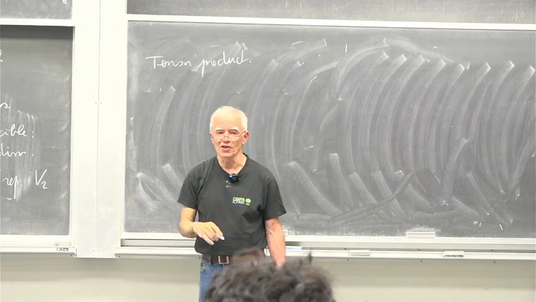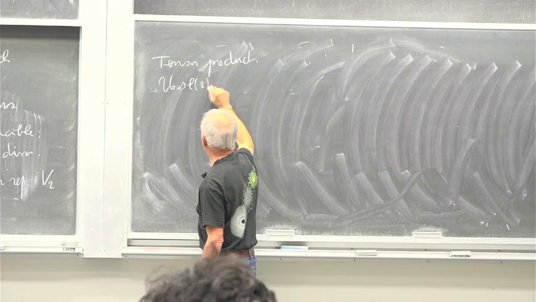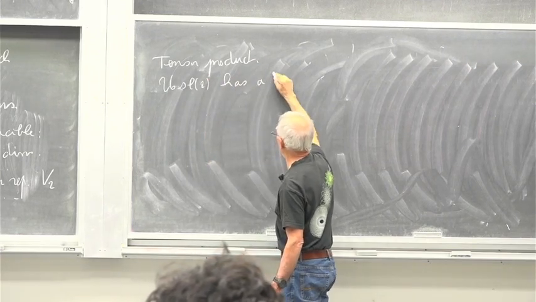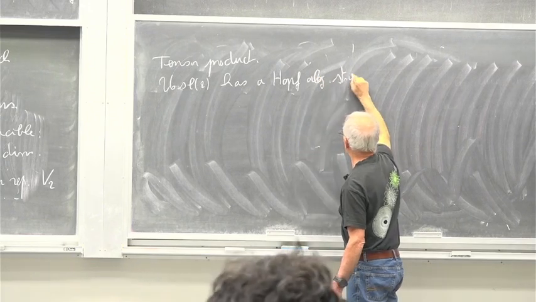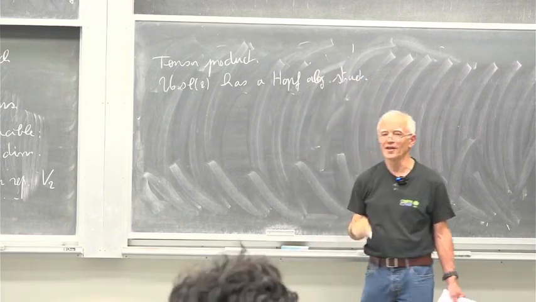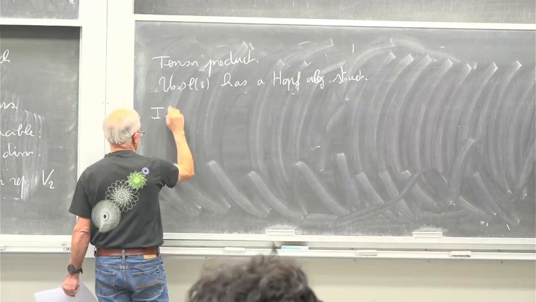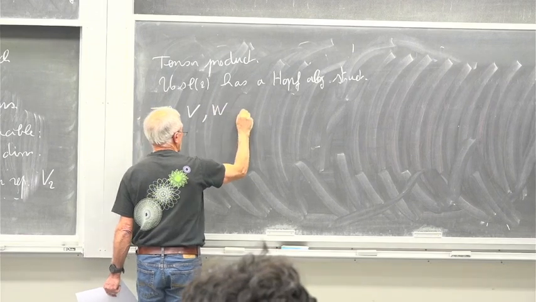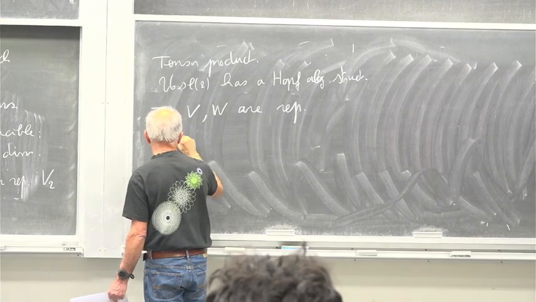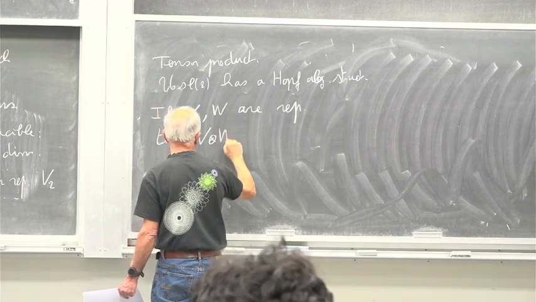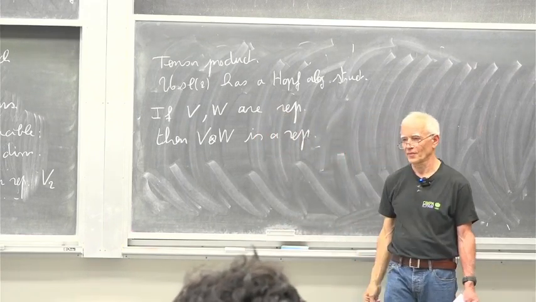If we want to be fancy, we say that U(SL2) has a Hopf algebra structure. And for us, the only interest of this is that if V and W are representations, then V tensor W is a representation.